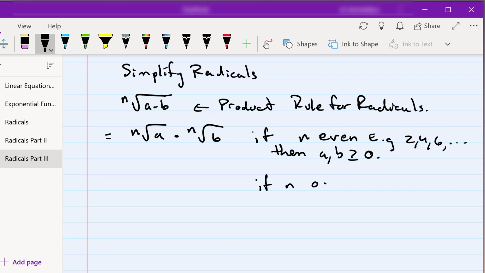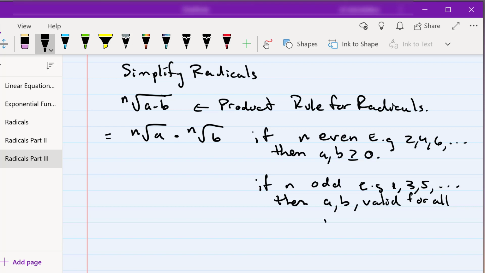If n is odd, example 1, 3, 5, etc., then a and b are valid for all real numbers.